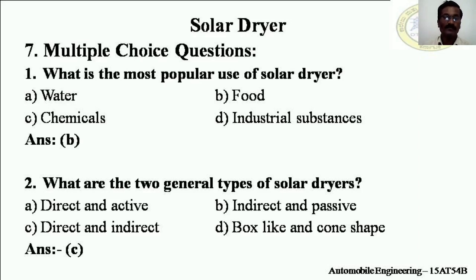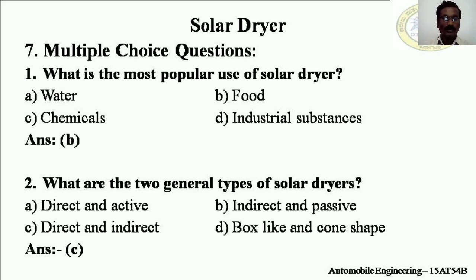Which one of these four is suitable as the popular use of a solar dryer? So B is food: food grains, vegetables, all these things may be kept in the solar dryers. The correct answer is B, that is food.